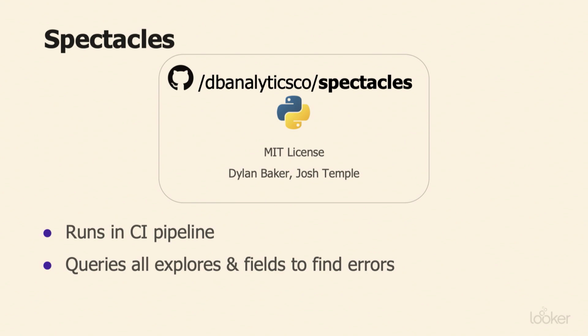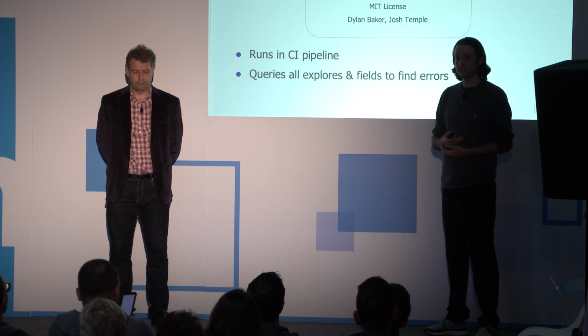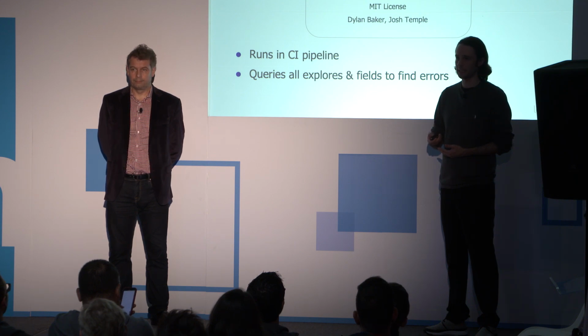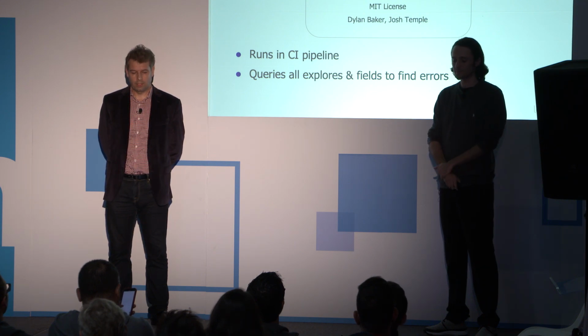It was a project between both of them, and it's designed to run in a CI pipeline, and it will query all explores and fields to find errors relating to missing columns. They did a presentation on it earlier today, so if you weren't able to attend that, make sure to check out our recordings that will be published by our joint team after the conference.